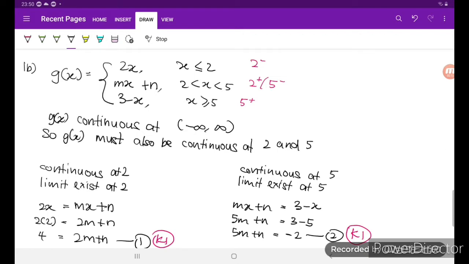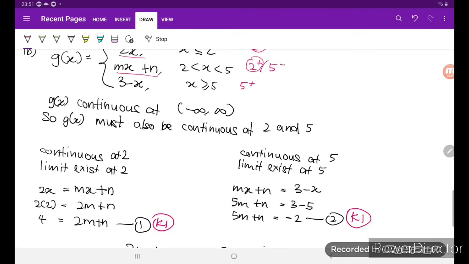If the function is continuous at 2, the limit must exist at 2. So if the limit exists at 2, we have here 2 minus and 2 plus. So we will be using these two functions.